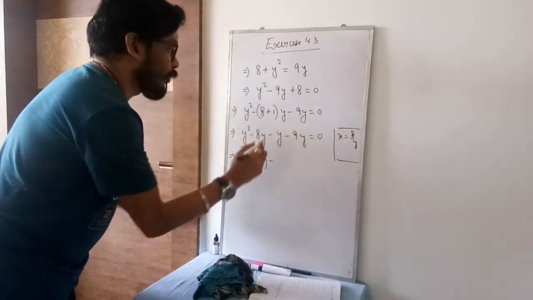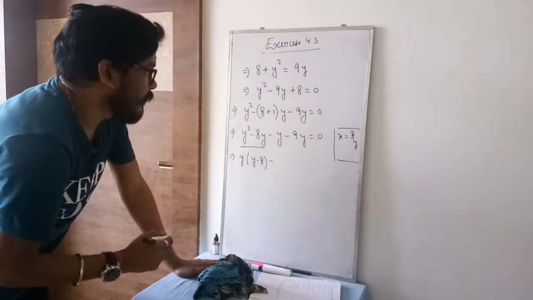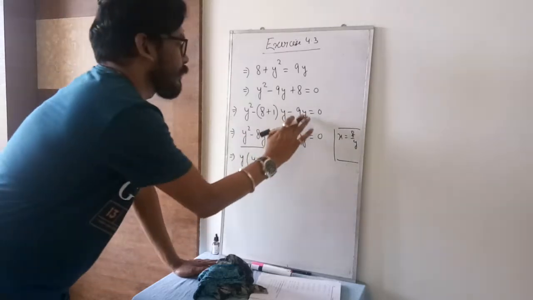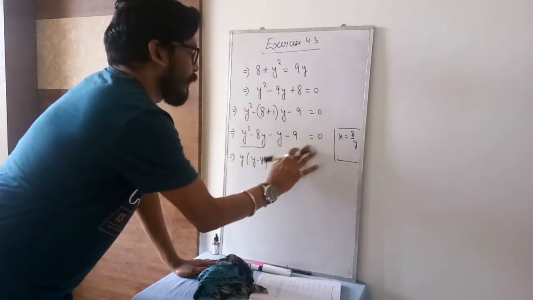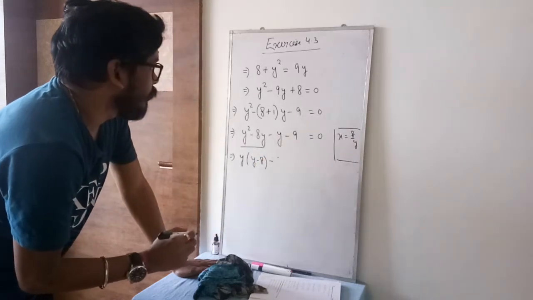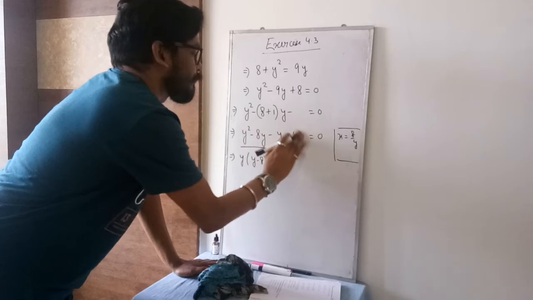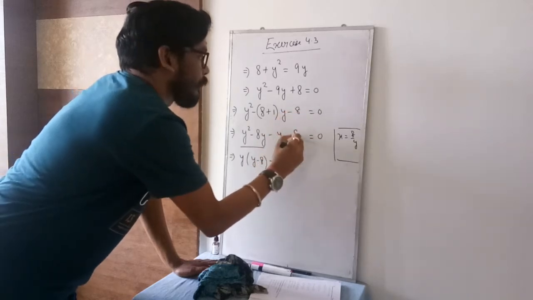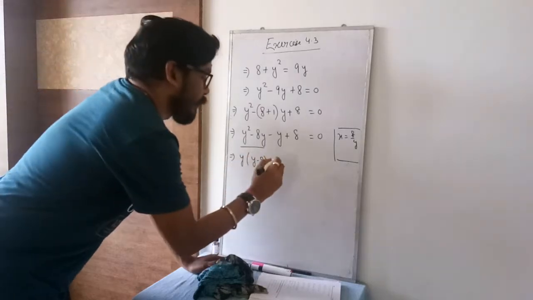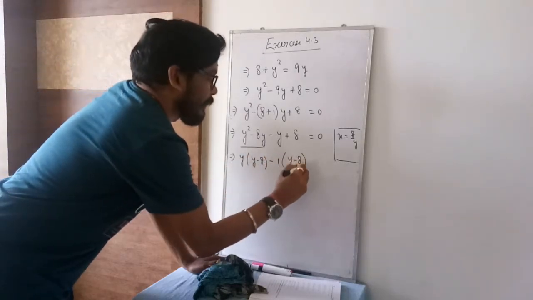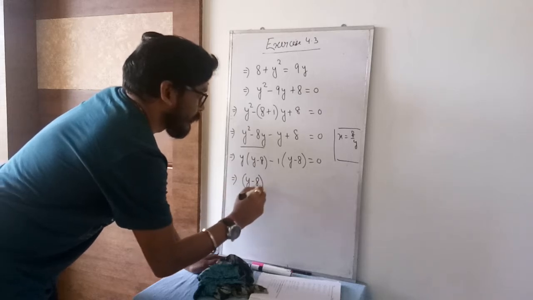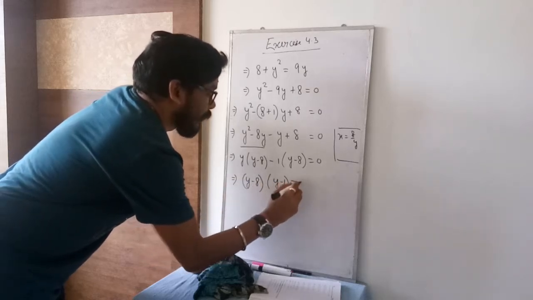From the last two you can take common minus 1. Is there any mistake I have done here? Oh sorry, this is not 9y, this is 9. Okay, so it is plus 8. So you can take minus 1 common here. So it is y minus 8 and y minus 1 equal to 0.